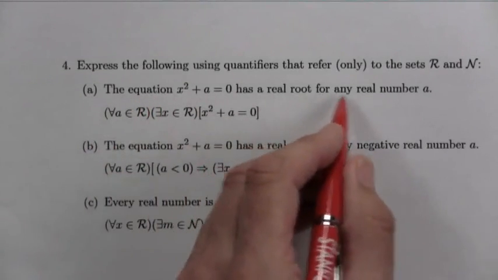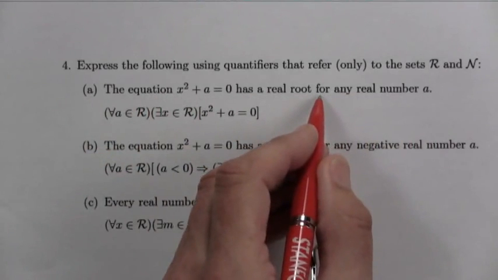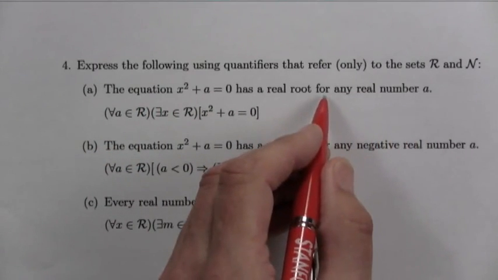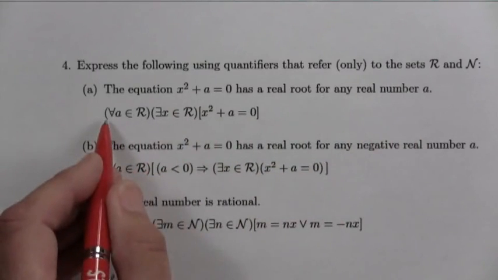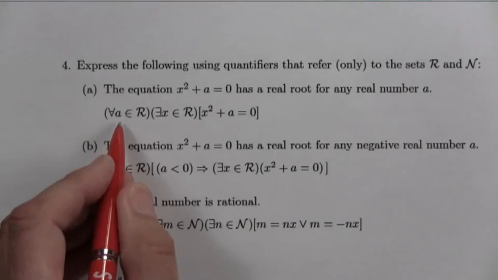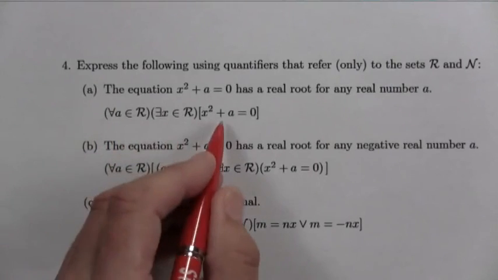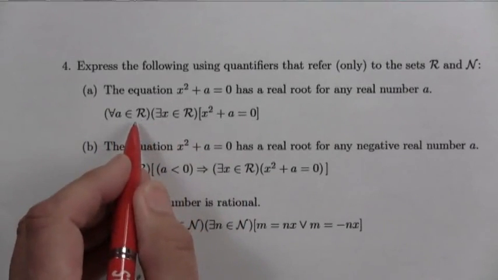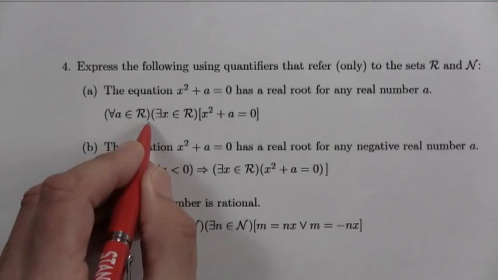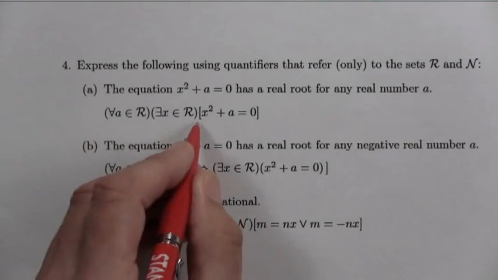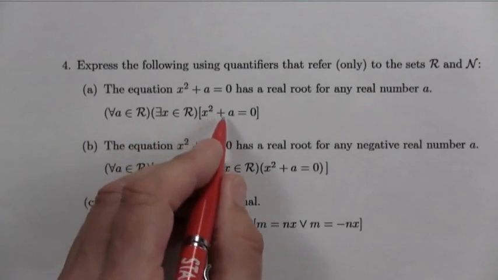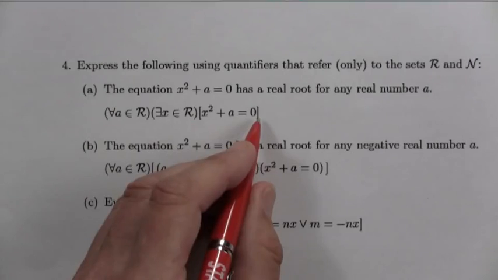Here, I've put the universal quantifier at the end, which is very natural in English. But when we interpret it formally within mathematics, we have to put the universal quantifier first because of the way we read from left to right explicitly in mathematical formulas. So I have to say, for every real number a, there is an x, a real number, such that x squared plus a equals 0.